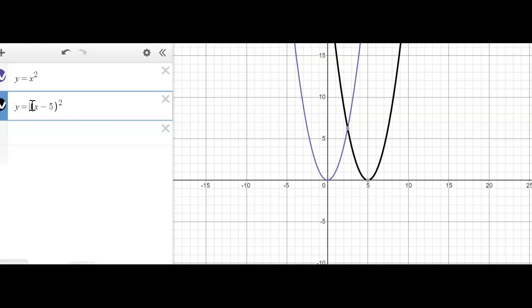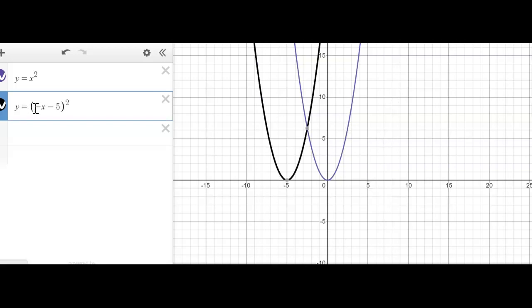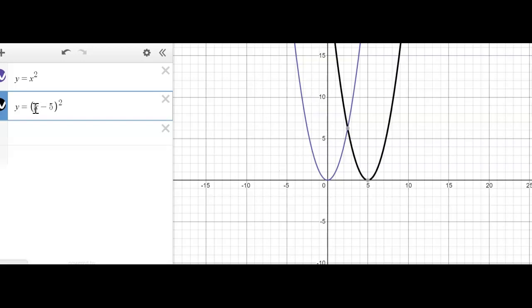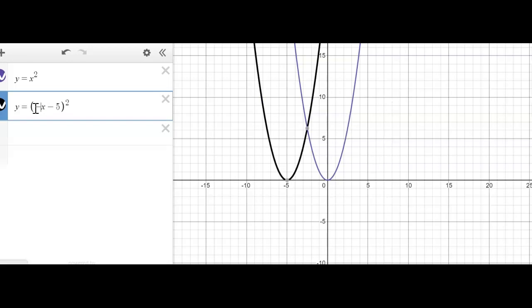See, flipping over. But if we're doing a reflection in the y-axis, the negative would go in front of the x. See what's happened there? That's when it would matter.